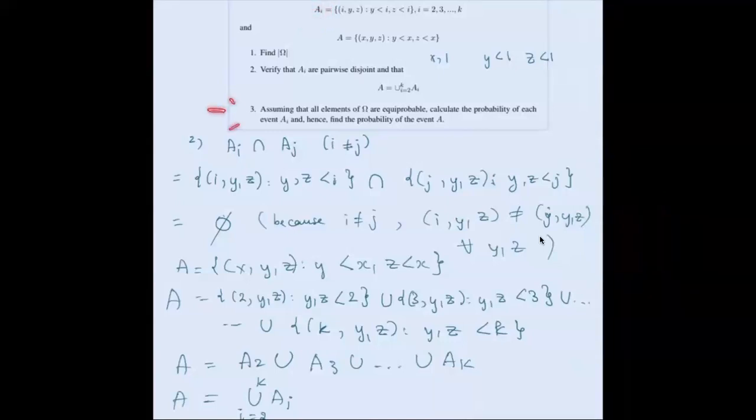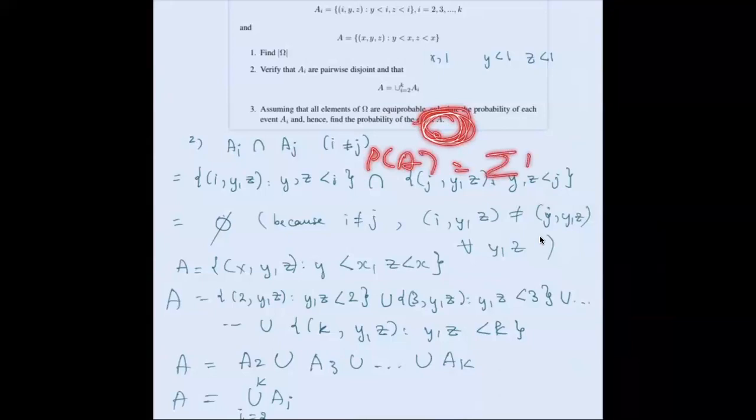For part 3, what I can tell you is again equiprobable events. So to find the probability of A_i, think about the cardinality of A_i and then divide it by the cardinality of the sample space. Similarly for this one. Here, you should have the probability of A equal to the summation of the probabilities of A_i.